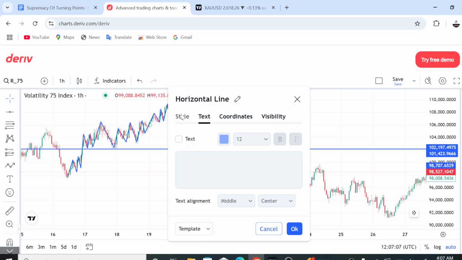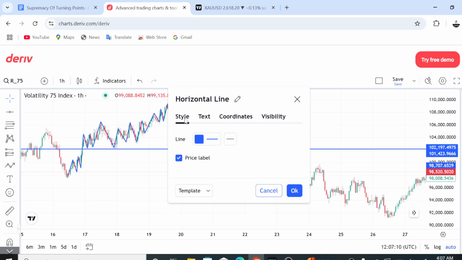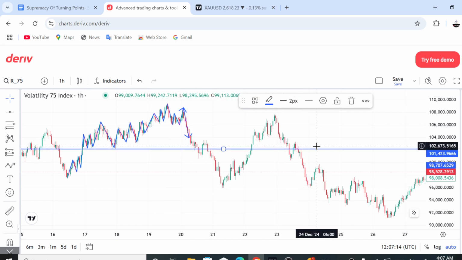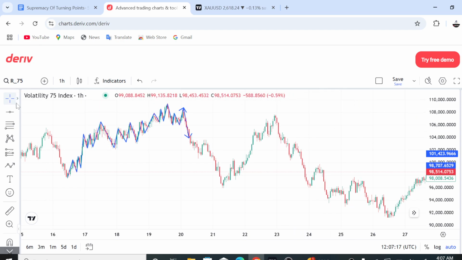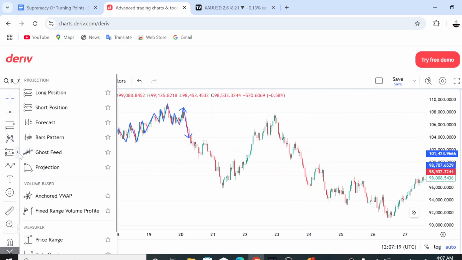Okay, it seems that this horizontal line cannot be edited, so I'm not going to use a horizontal line.